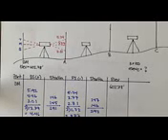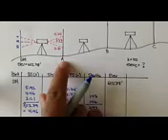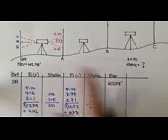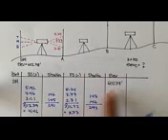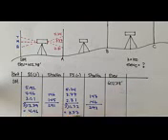Now, remember from differential leveling, what you do to find the elevation of A: you take the previous elevation, you add the backsight, and you subtract the foresight.